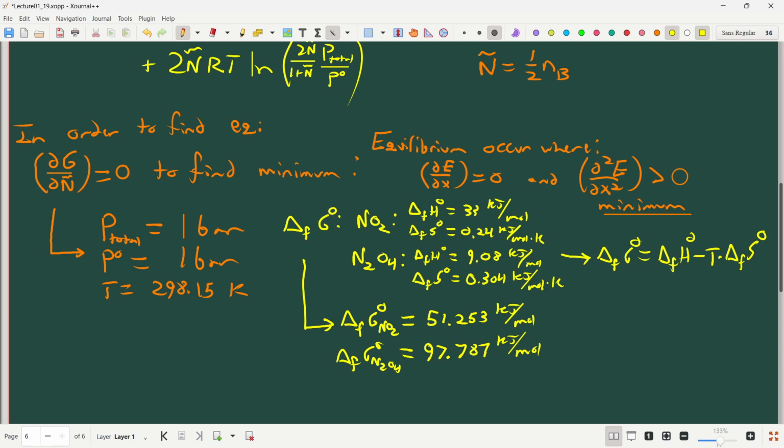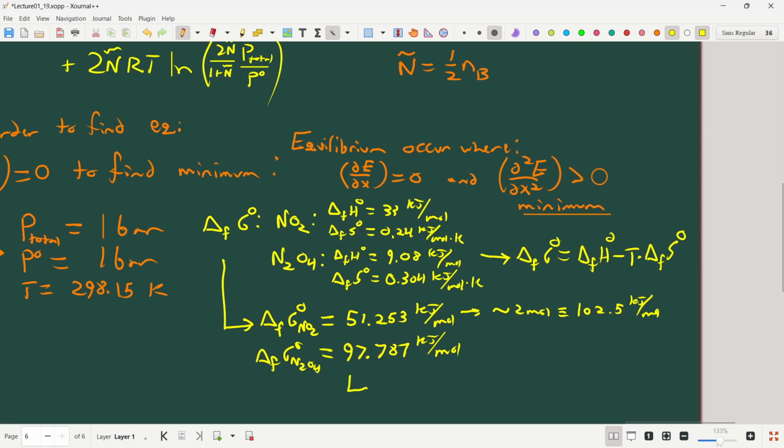So this says the reactants are 98 kilojoules per mole, and the products are 102. So actually, this reaction is reactant favored, because really what we should look at is that 2 moles of NO2 is equal to 102.5 kilojoules per mole.